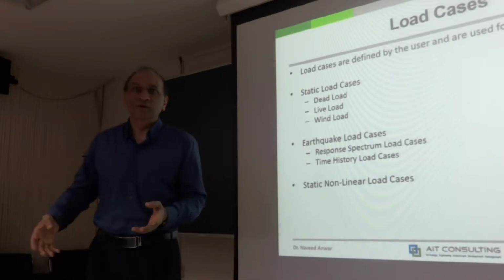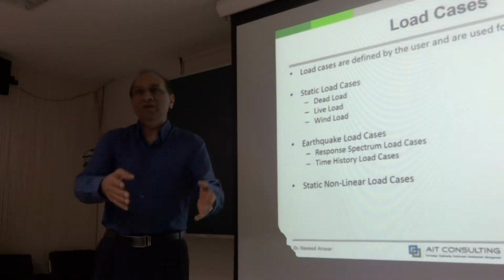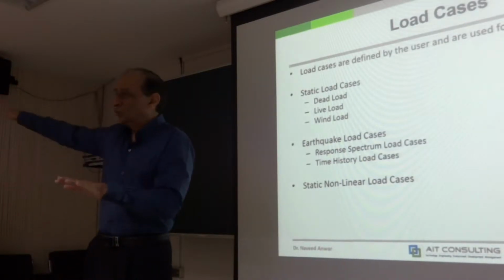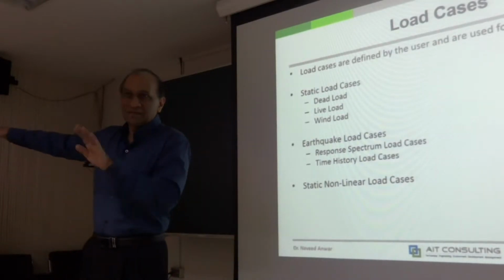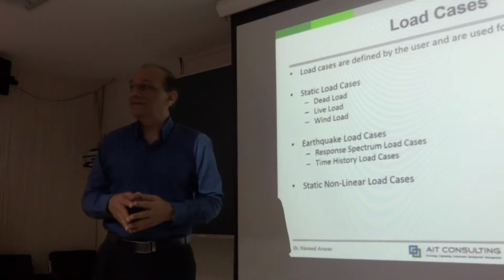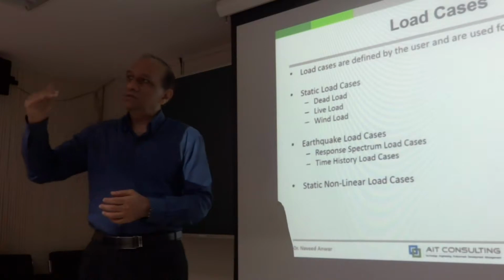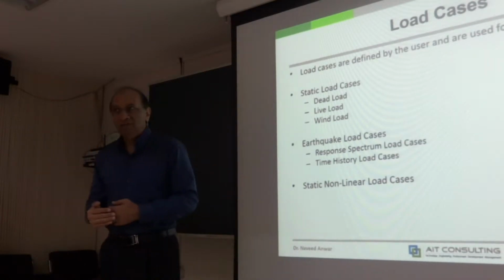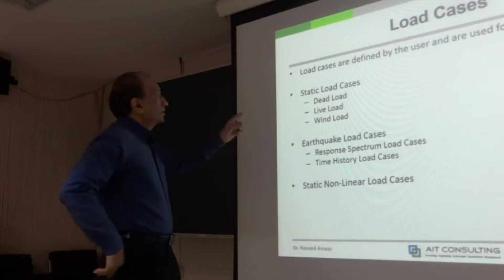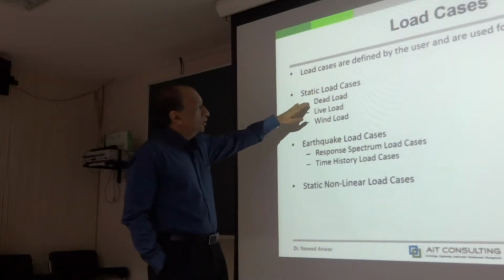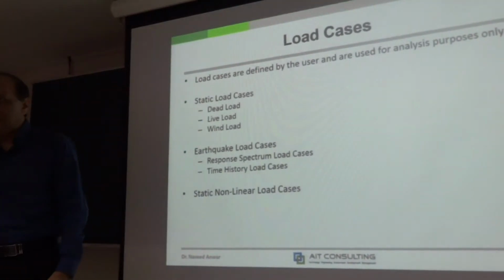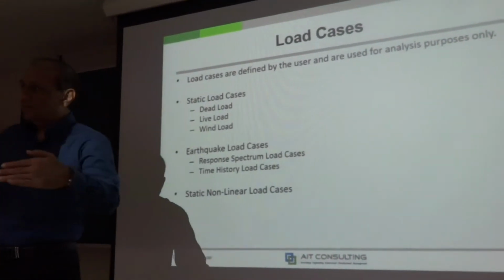Same is the case for live load. All the people sitting on this side, one live load. All the people sitting on this side, another live load case. That room has no students. This room has students, another live load case. So these are called load patterns. So every possible placement of load makes it one load case. So static load case is dead load, live load, wind load. Wind load, for example, coming from this direction, coming from that direction, this direction.